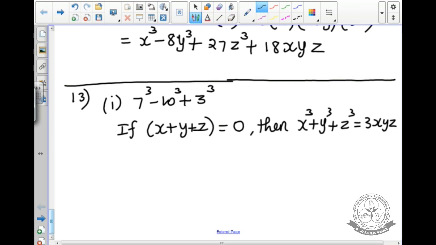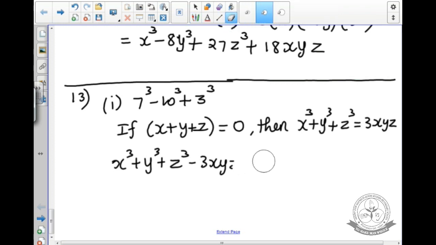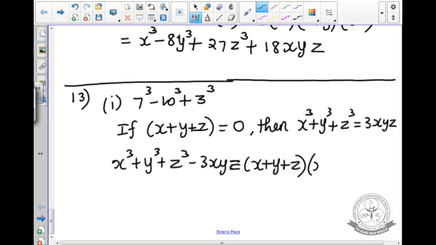So listen, x cube plus y cube plus z cube minus 3xyz is identically equal to, this is the identity symbol, x plus y plus z into x square plus y square plus z square minus xy minus yz minus zx.